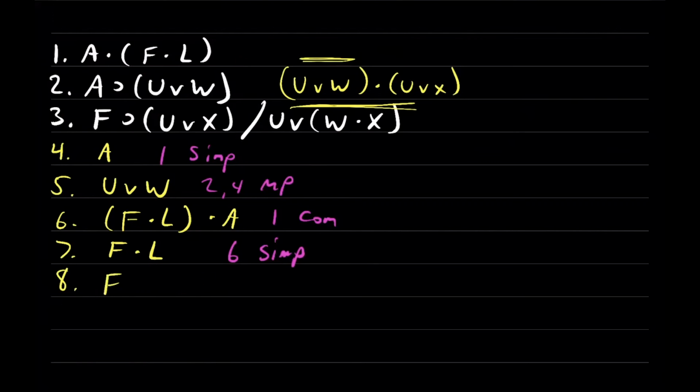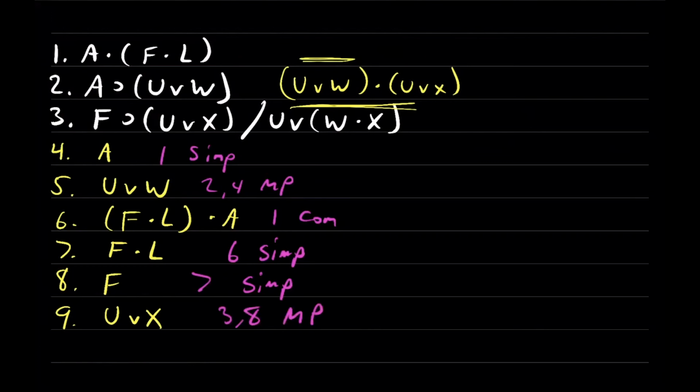That's going to follow from line 7 by simplification. Now we said that once we got F, we can use modus ponens together with line 3 to give us U or X, which I'm going to do right now. And that's going to follow from line 3 and line 8 by our old friend modus ponens.